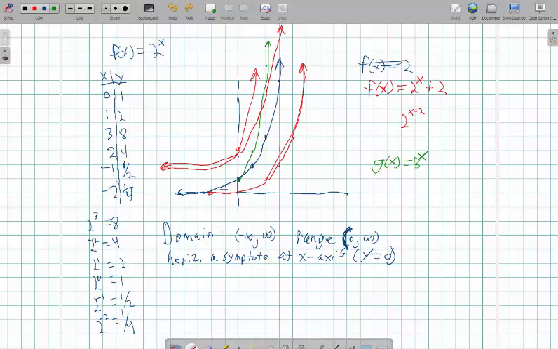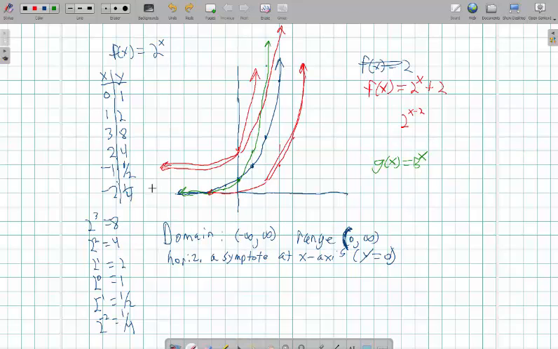And then it'd also go down more quickly, because 3 to the negative 1 is 1/3, 1/9, 1/27, etc. So the only difference between graphing 2 to the x, 3 to the x, 4 to the x, 5 to the x is it will be a steeper turn at 0. It will become a sharper and sharper curve. That's what basic exponential functions look like.